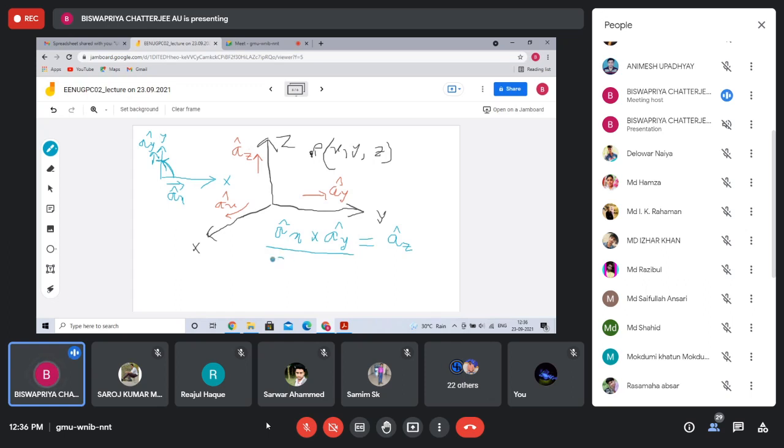Again, if you rotate A Y towards A Z in the positive direction, it will generate a third vector directed along the A X direction.